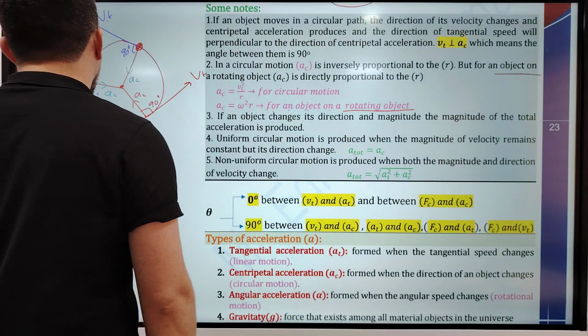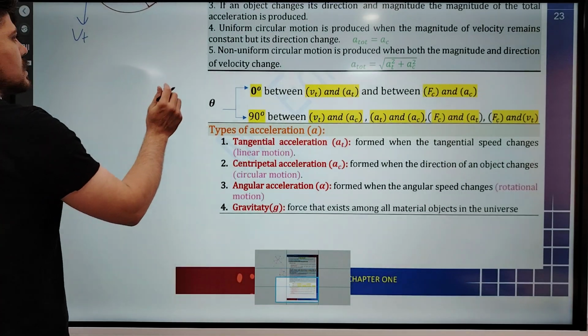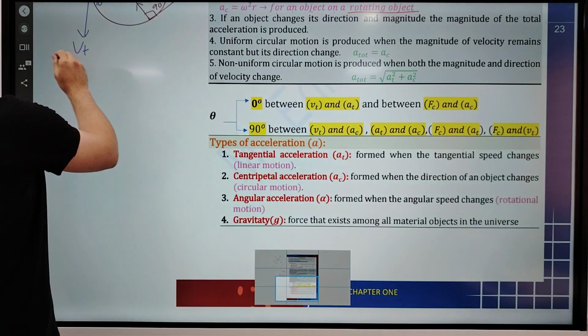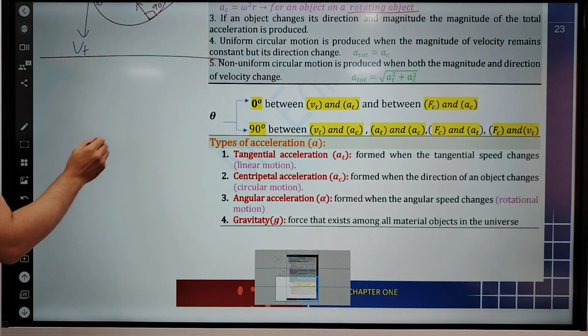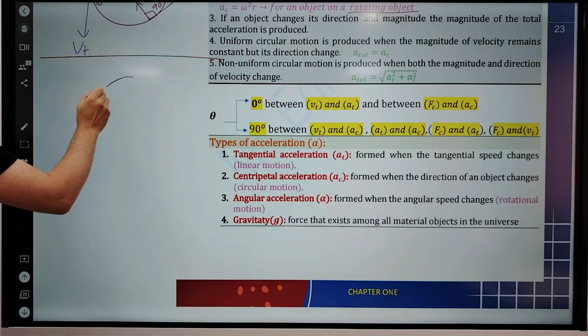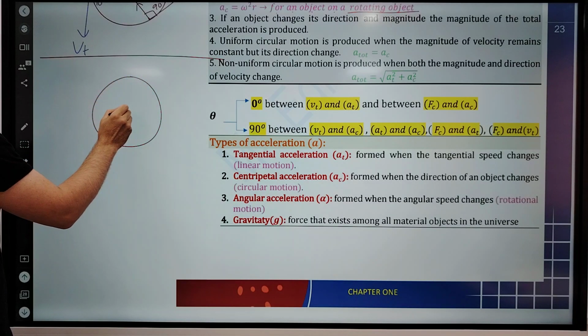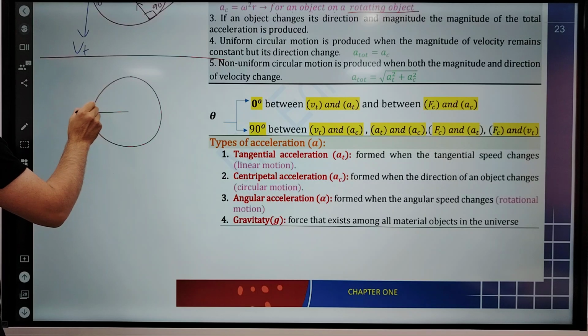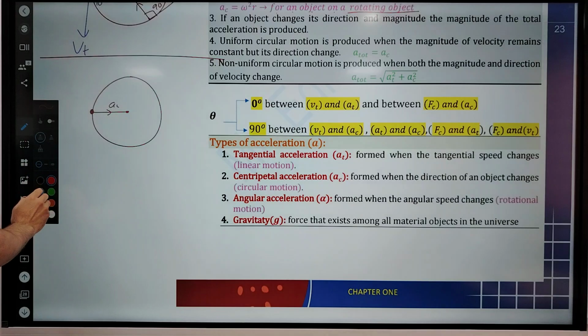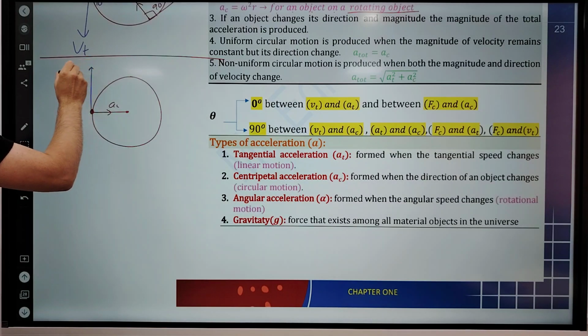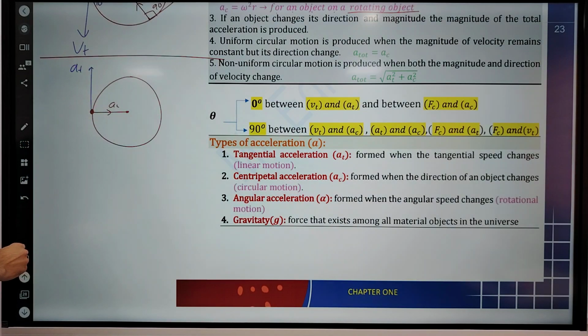For example, if you have two accelerations, this object has AC and AT.